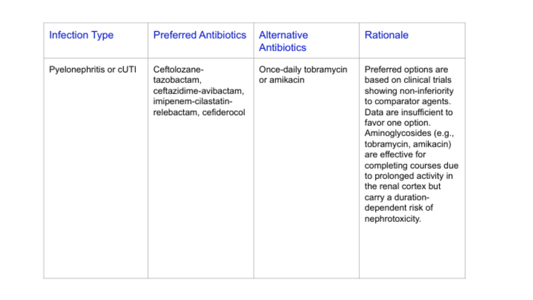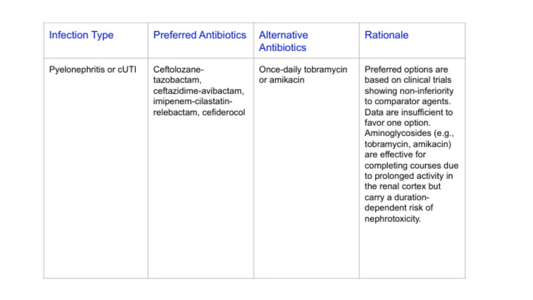These agents are considered first-line because clinical trials have demonstrated that they are non-inferior to other comparator agents, meaning they are just as effective in treating these infections. However, it's important to note that the data we have is still limited, so we can't definitively say that one of these options is superior to the others. The choice often depends on individual patient factors and local resistance patterns.